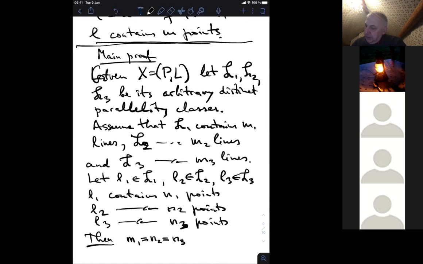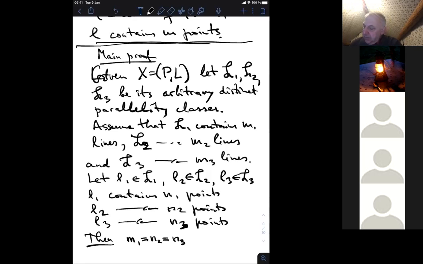Why is that? Well, m1 is the number of lines in the class capital L1. l2 and l3 are lines which are not in the class L1. So the number of points, denoted by n2 and n3, should be equal to the number of elements in class L1.